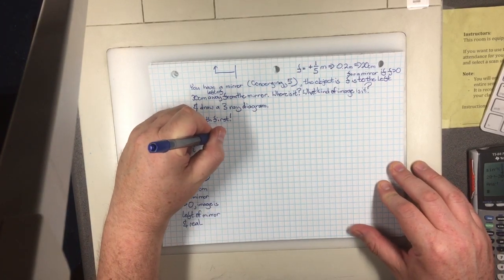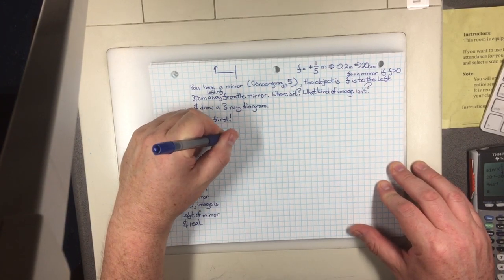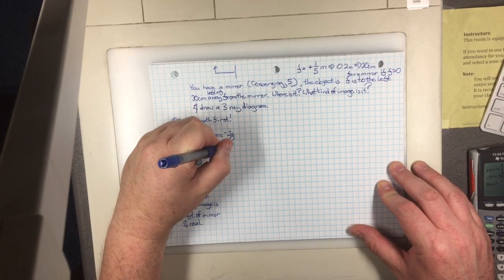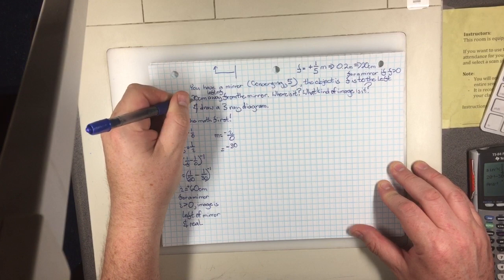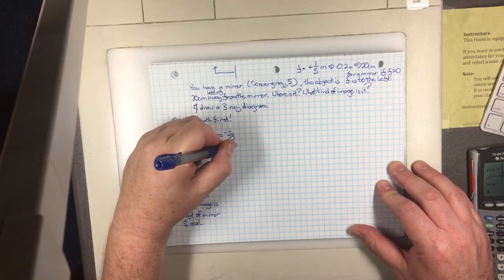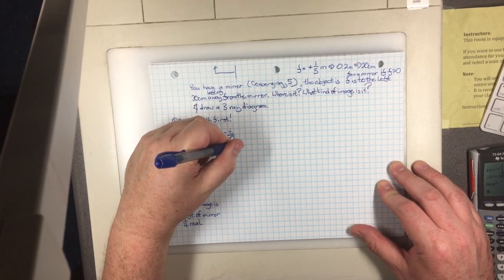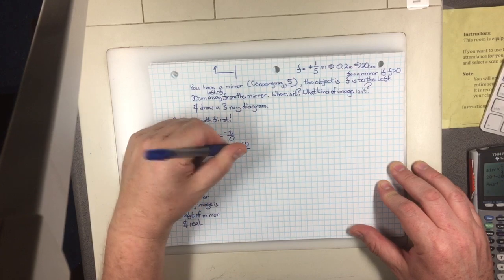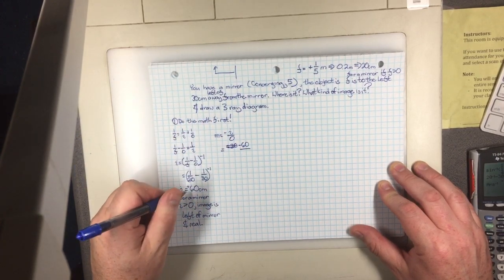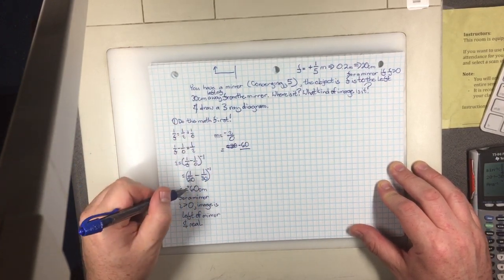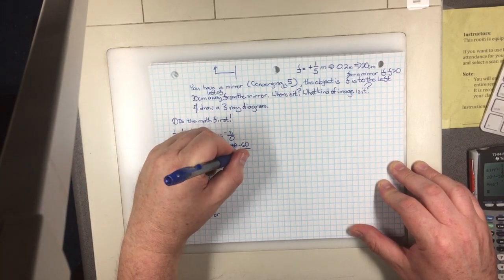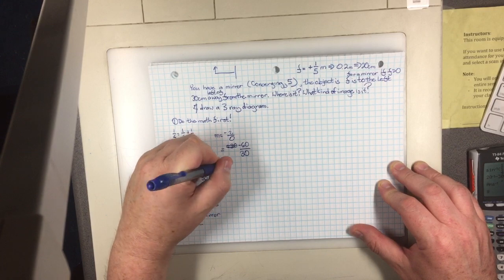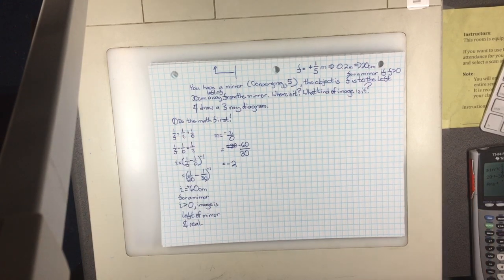The magnification is negative I over O. That means it's negative, the image, whoa, back up. Image distance is 60. The minus sign gets rid of that. And the object distance is 30. So the magnification is -2.